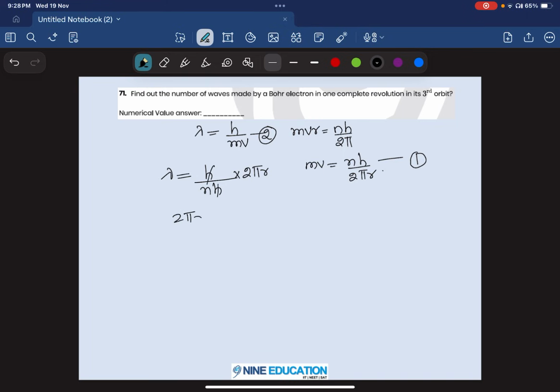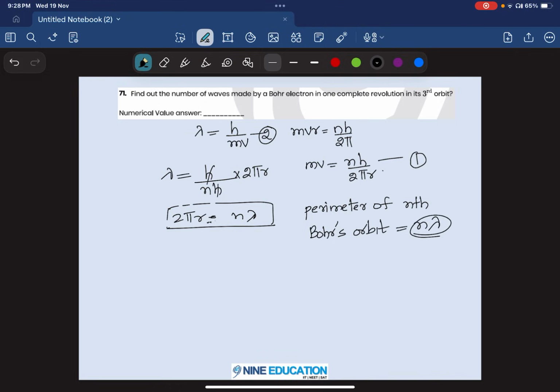If you substitute equation 1 in equation 2, you will get h by nh into 2 pi r. So 2 pi r is equal to n lambda. That means the perimeter of the nth Bohr orbit is equal to n lambda, n times the number of waves.